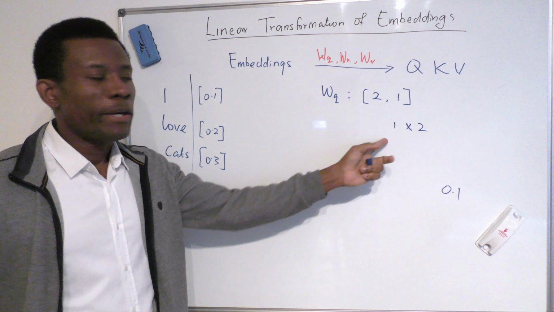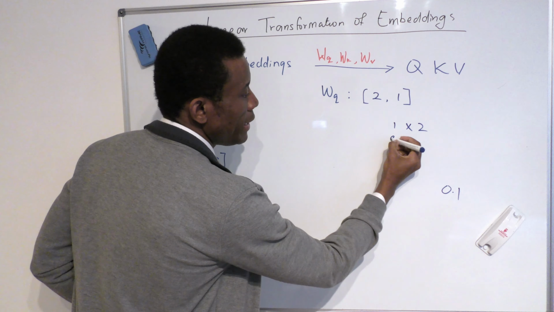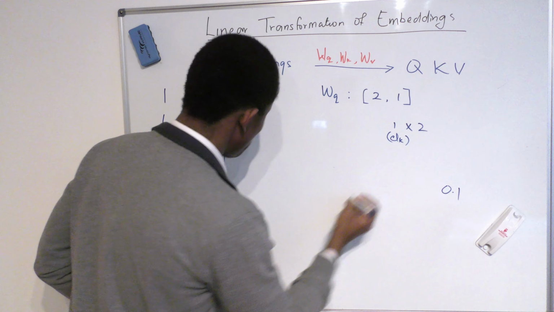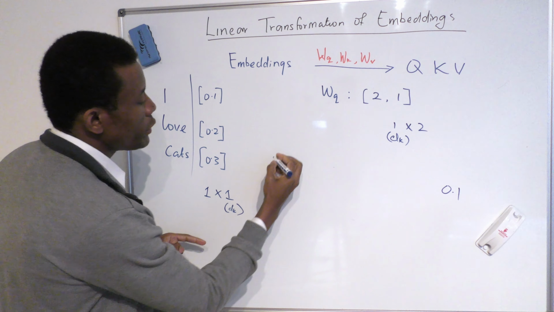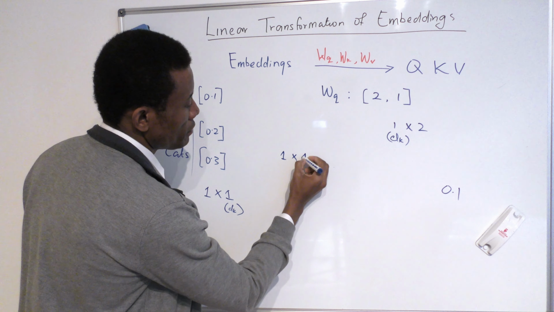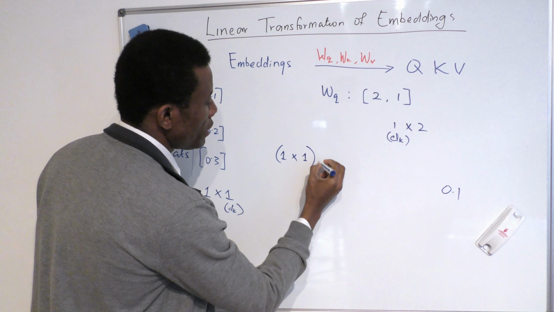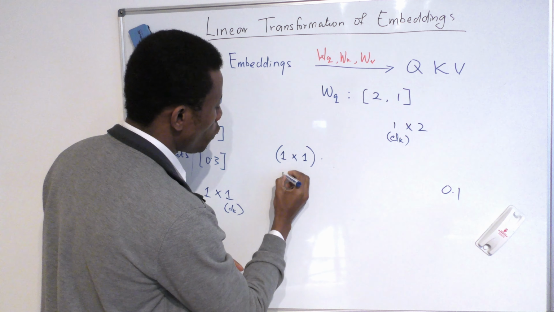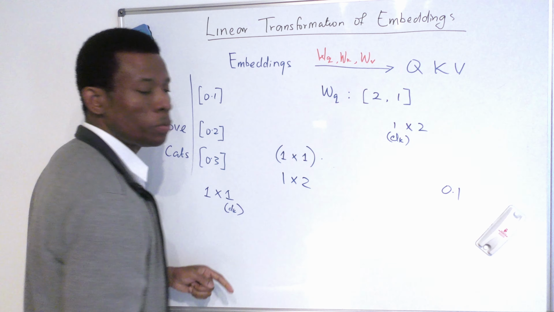What do you observe here? You observe that this 2 is the same as dk. So we are doing something like 1 by 1 times 1 by 2.